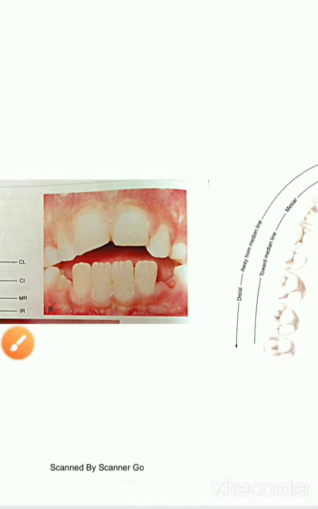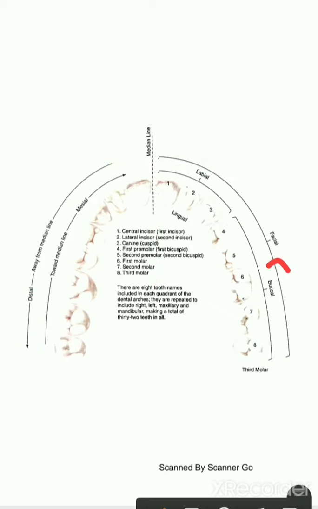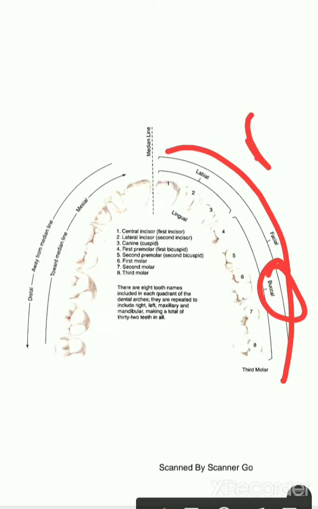Together they constitute the facial surfaces. In the maxillary posterior parts, the lingual surfaces are close to the palate, so they are also called palatal surfaces.